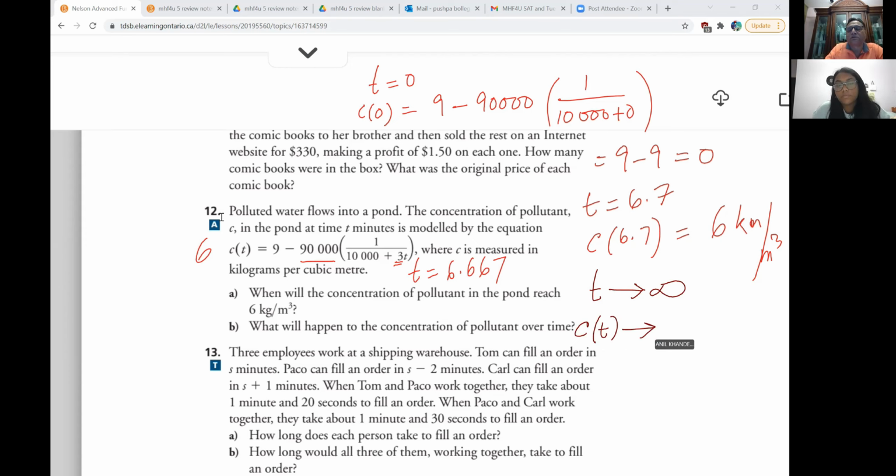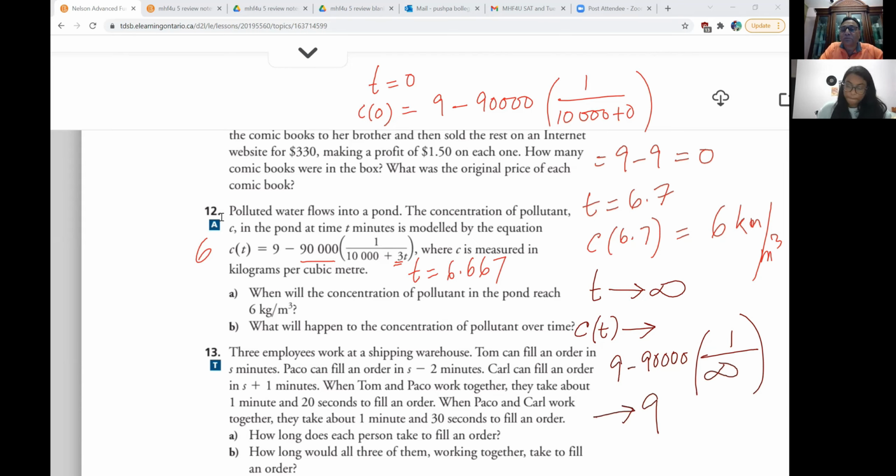C is going to approach a value which will be 9 minus 90,000 times 1 over a very large value. Do you see that? So it is going to approach 9 because anything divided by a very large value will be 0, correct? So you're approaching a value of 9. So if you look at the scale, let's sketch a graph for this.